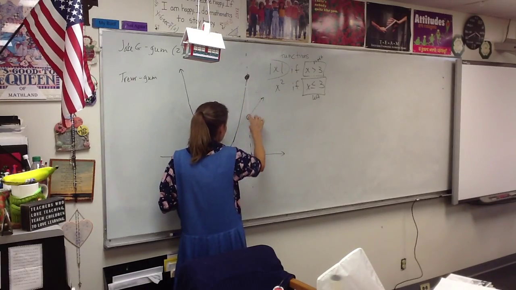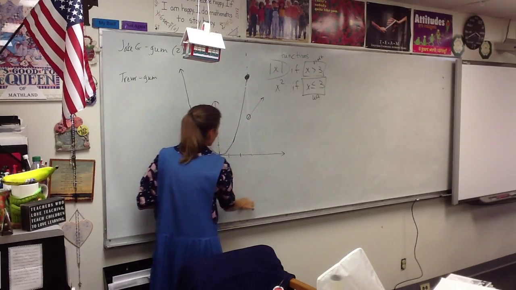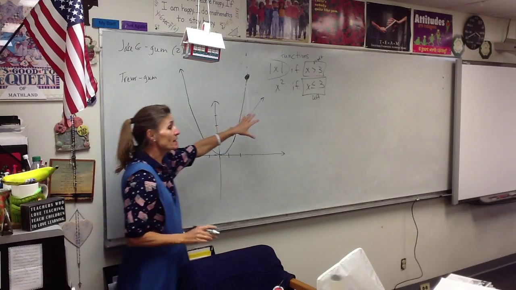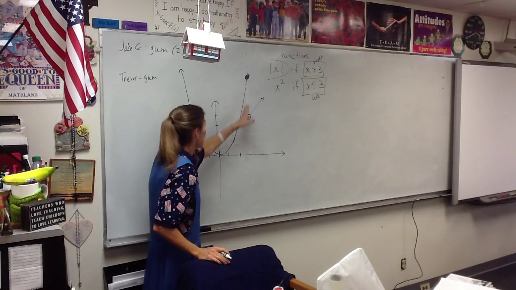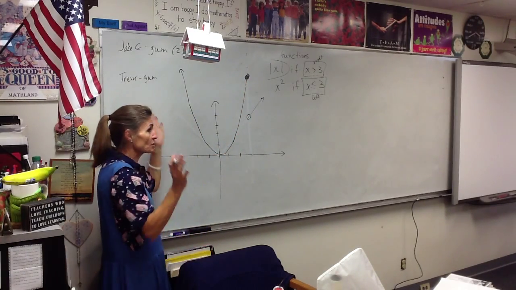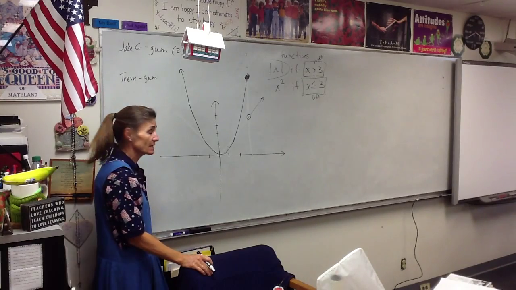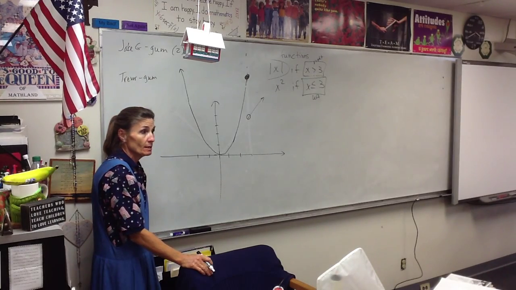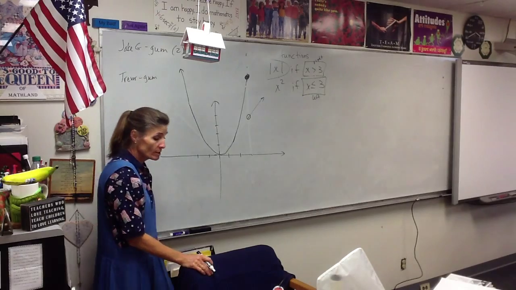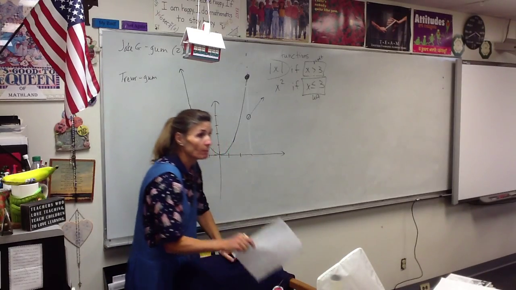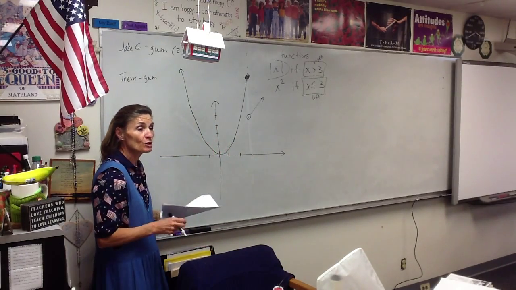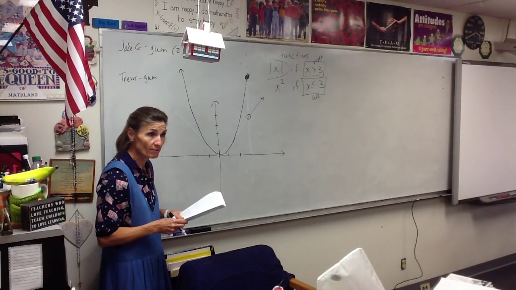Now you can take this dashed line out too if it's confusing you. You have a piece of a V and a piece of a parabola. That's your picture. You're done. That's it. So instead of graphing the whole parabola and the whole V, you only graphed a little piece of each one.